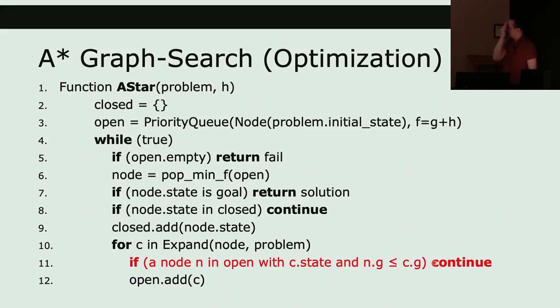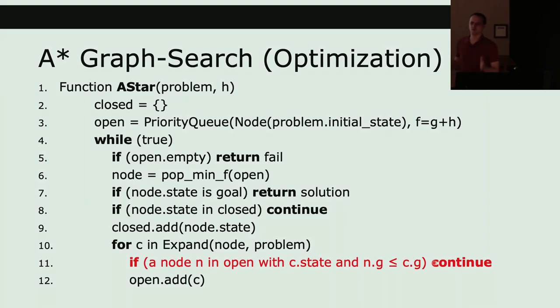What does this mean? Well, in plain English, it says if we already have a node in the open list that represents the same state, and the path to that state is shorter, why would I even bother adding this one to the open list, right? If that one is there, and it's a straight path, and now later on I'm looking at the path where I go all the way around to that state, why would I add that to the open list?